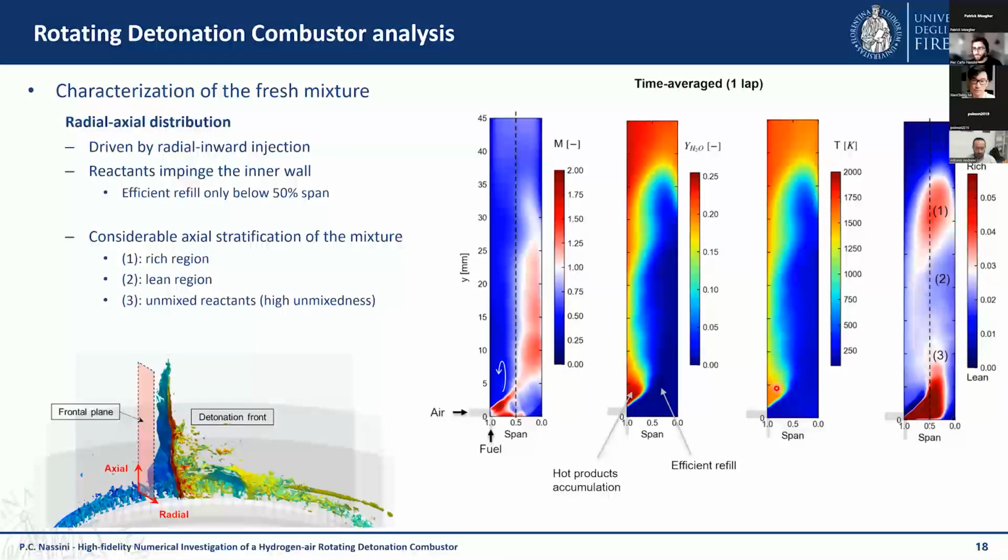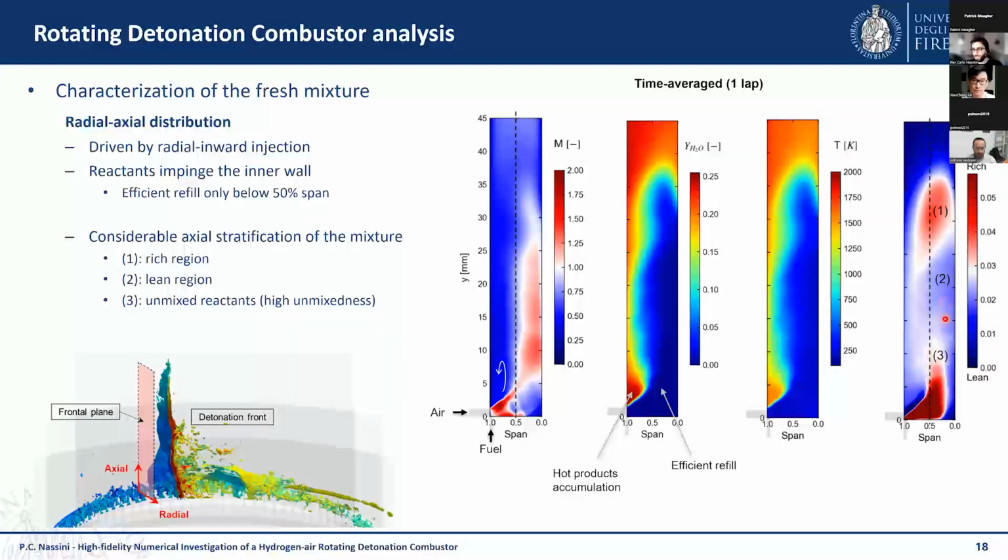But what is also very interesting is that if you look at the hydrogen mass fraction in the inner half of the combustion chamber here, again, here the color map is made so that the blue is lean condition, the white is stoichiometric, and the red is rich condition. And you can see here we have a different condition of the mixture, which is rich at the top, lean at the middle, and of course unmixed reactants at the bottom of the combustion chamber.